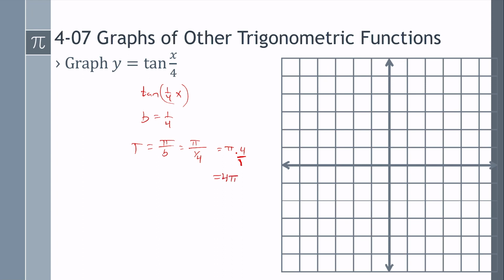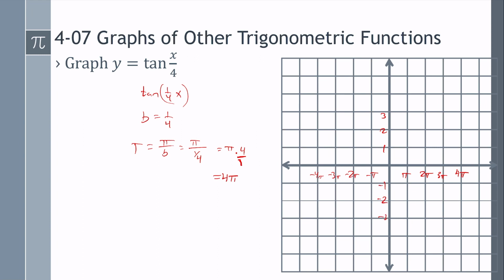So I'm just going to count over. And 1, 2, 3, 4. So let's make that 4 pi, 2 pi, 1, 2, 3.